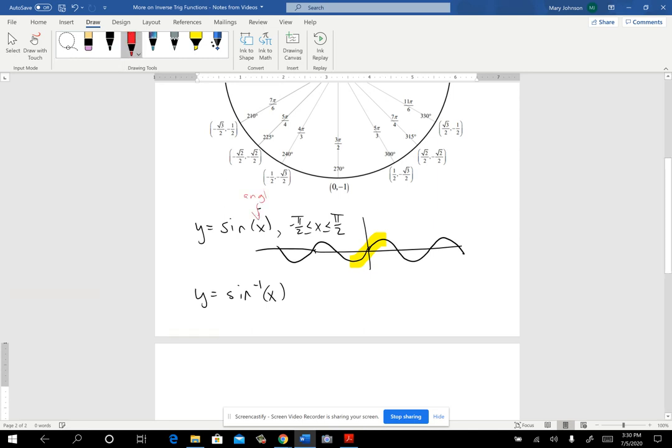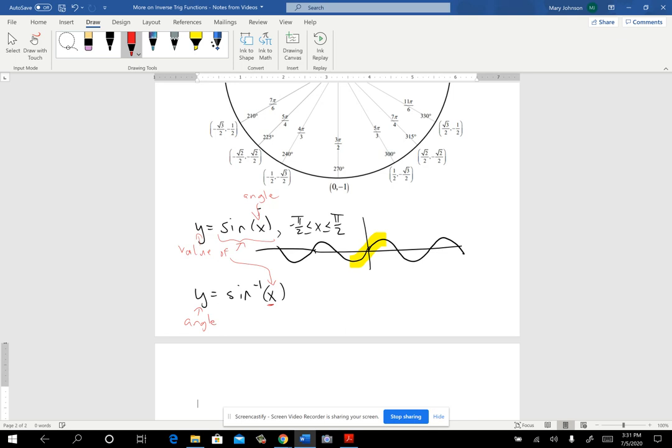This was where you were thinking of that as being where the angle would be, okay? And then the y was the value of the sine of that angle, right? So when you do the inverse sine function, what goes in as the input to that would be the value, and what comes out of it is going to be an angle, okay?